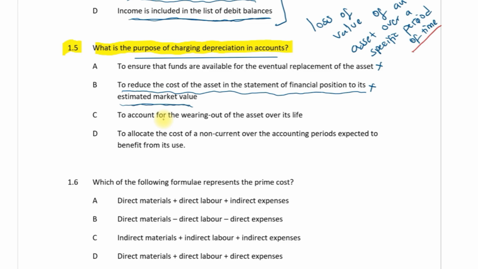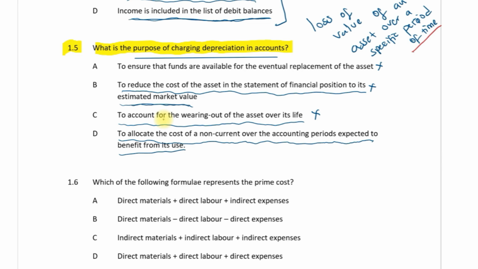C, to account for the wearing out of assets over its lifetime. This makes sense, but it's not the reason exactly why we do it. It can be one of them, but not the core one, especially given that we've been given options. But then there's this one, D, to allocate the cost of non-current assets over the accounting period expected to benefit from its use.